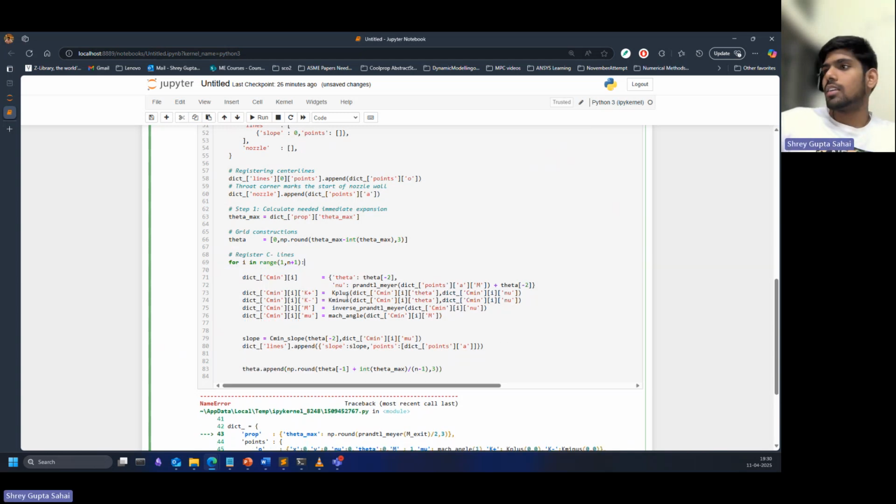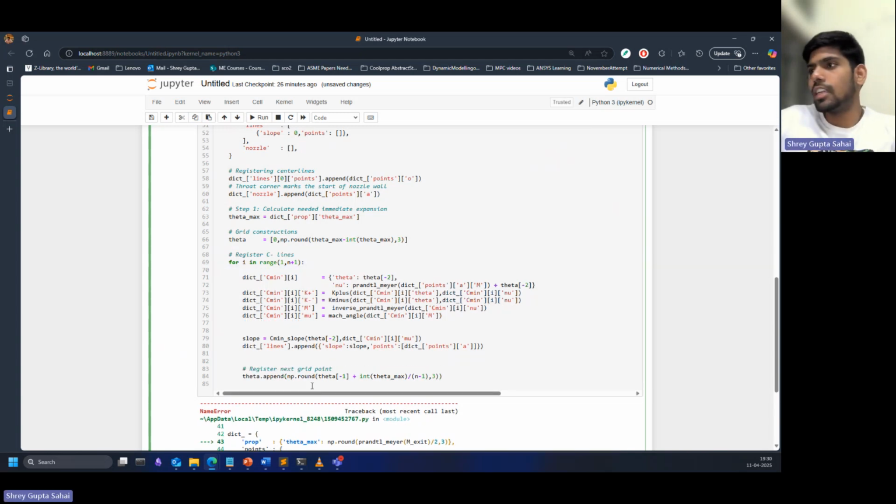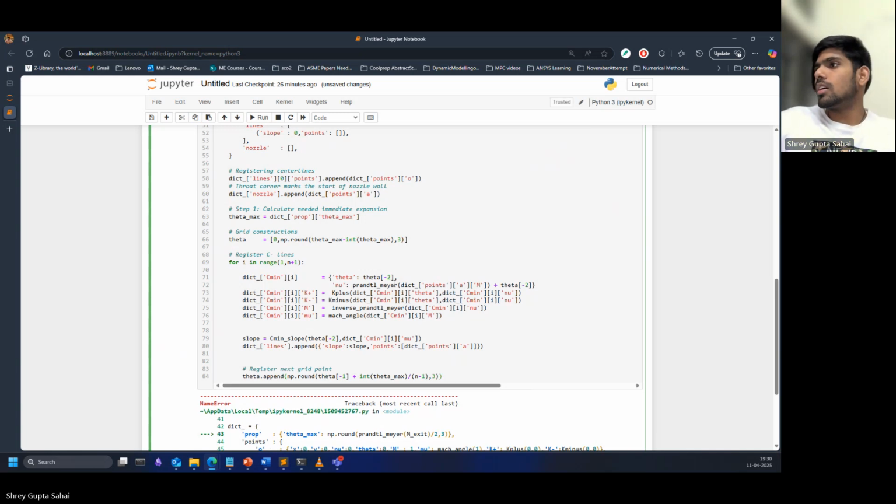So if I do that, then you choose the theta which you have, this one. This is the theta by which you want the flow to be not shifted, I should say rotated by. So you will have a theta for this. Now, what will the nu correspond to? Because here we are using the Prandtl expansion formula.